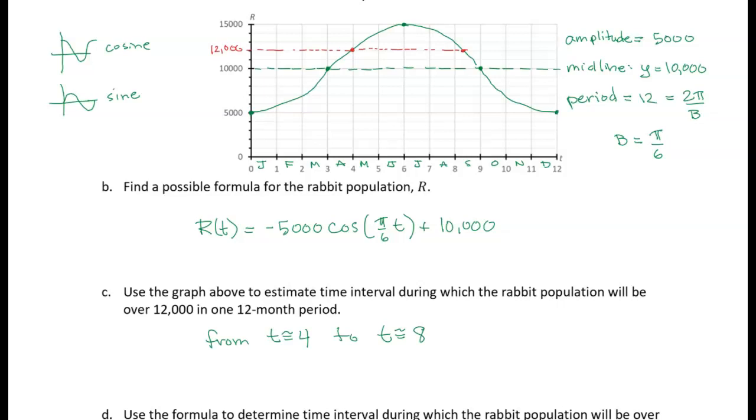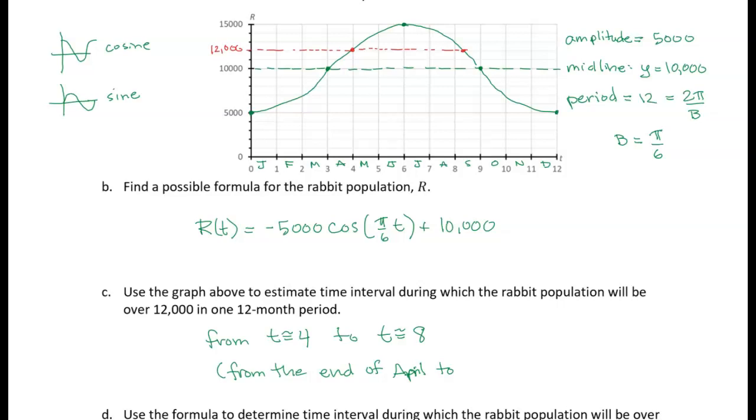Okay, now if we want to interpret that, t equals 4 and t equals 8. If we're right at 4, that's the end of April, beginning of May. So I'm just going to say from the end of April, t equals 4, April, to t equals 8, where t equals 8 is right in between August and September.